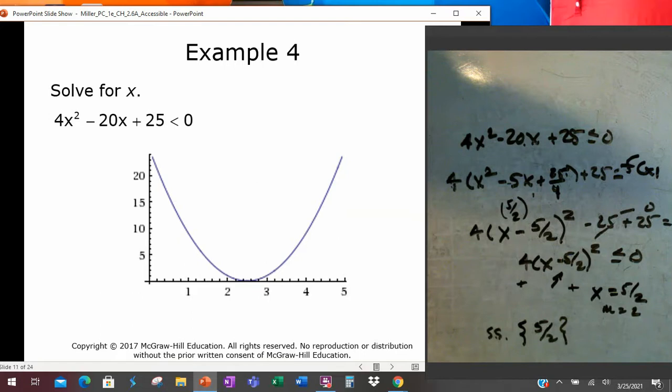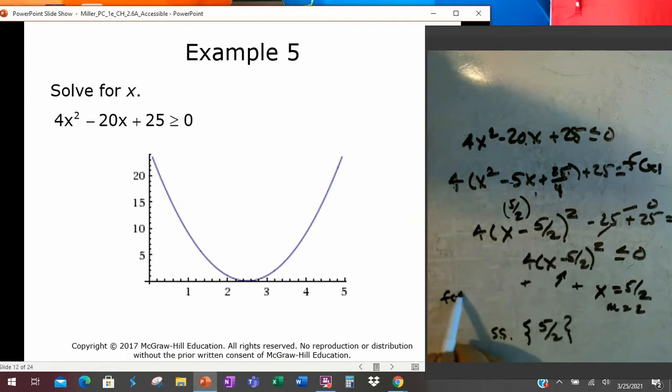So if I wanted to know, this is the same thing, but now I'm asking, where is it greater than or equal to 0? We've already got all of this set up. We know what this looks like. If I'm looking at this as a function, this is f of x, ax squared.